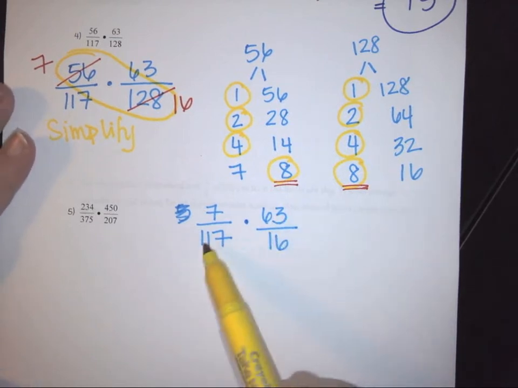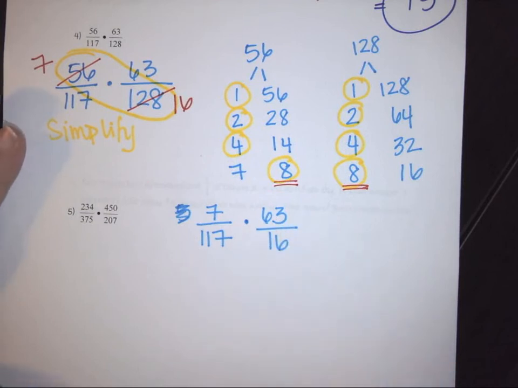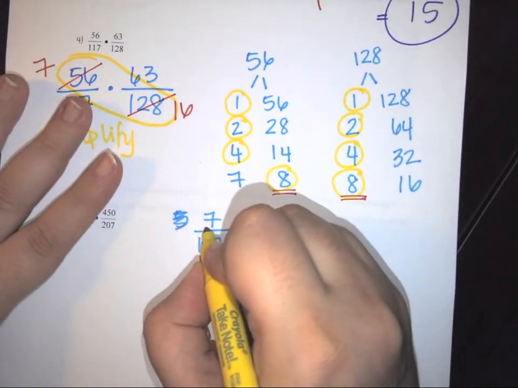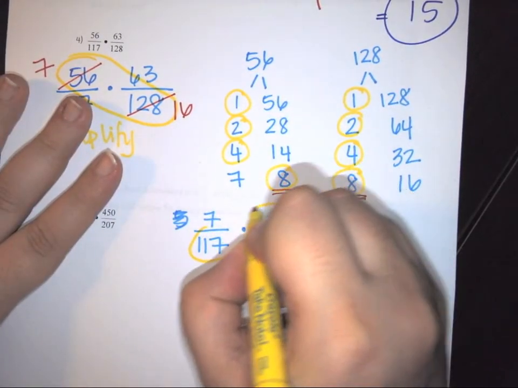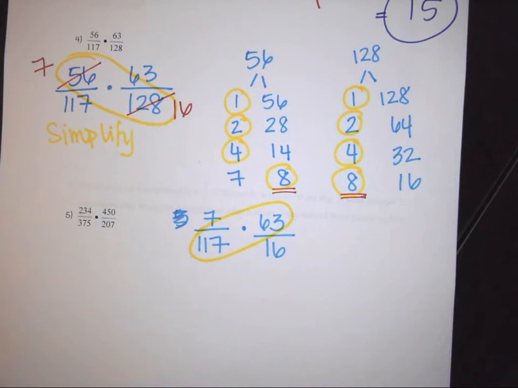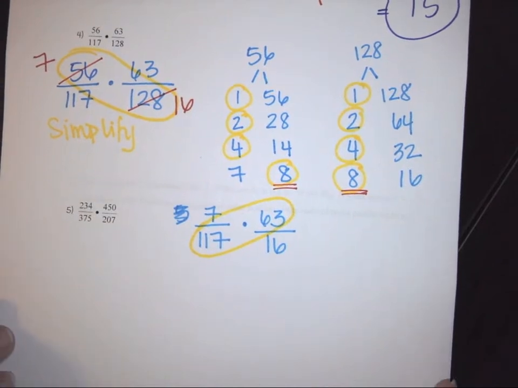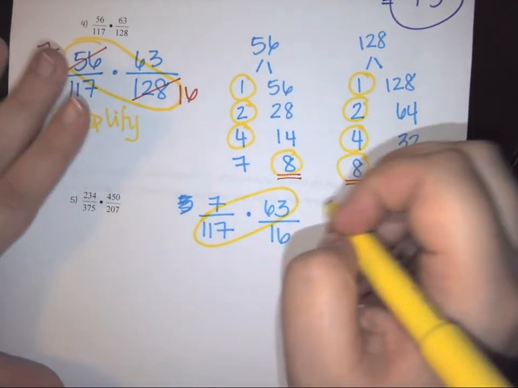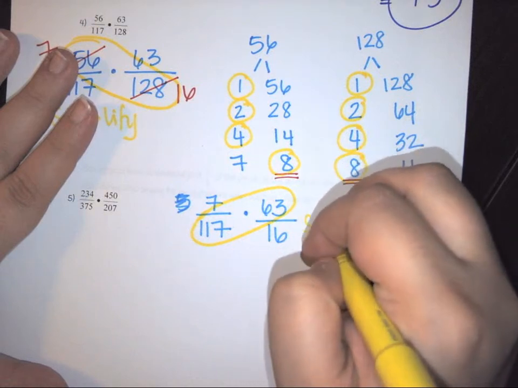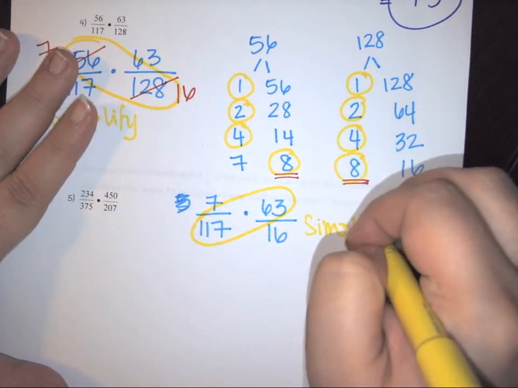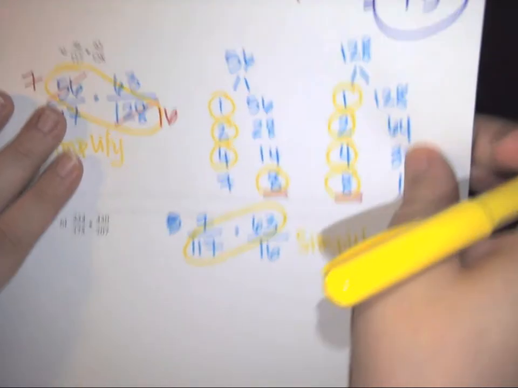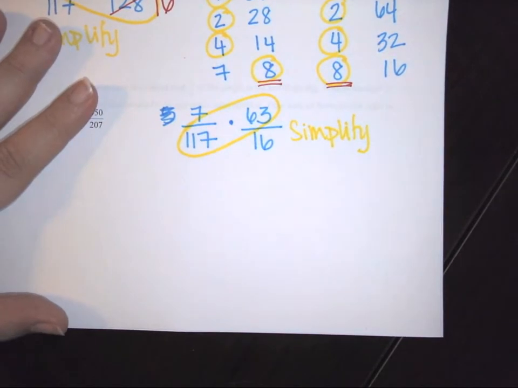We look at these two odd numbers and we automatically assume, oh, they can't have anything in common. If I were you, when you're working with large fractions, I highly suggest you check. So here we're going to see if we can simplify these two numbers by looking at their trees.